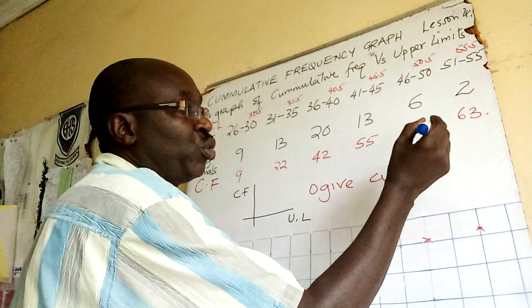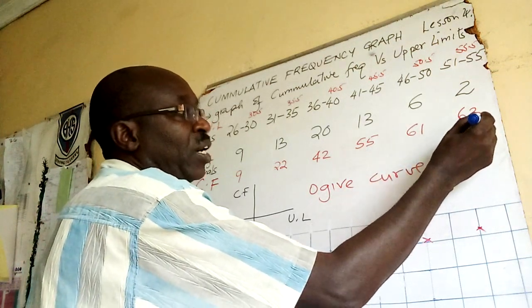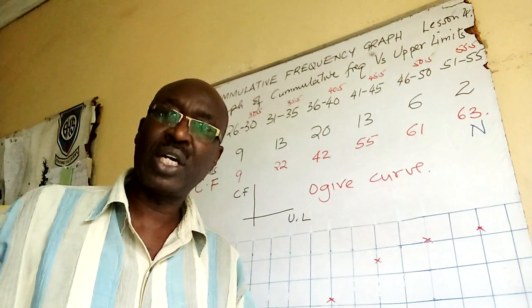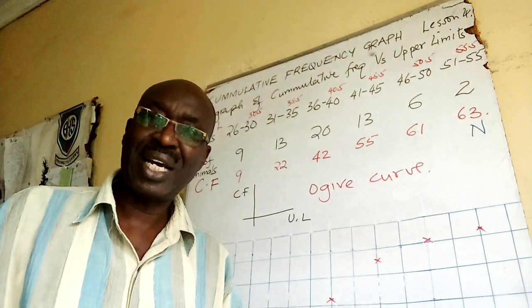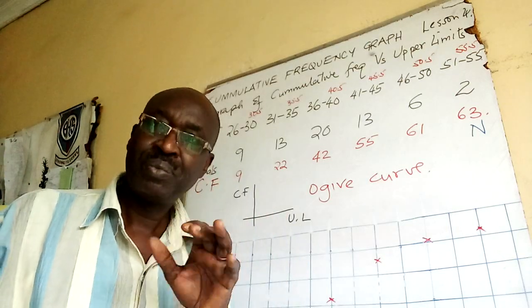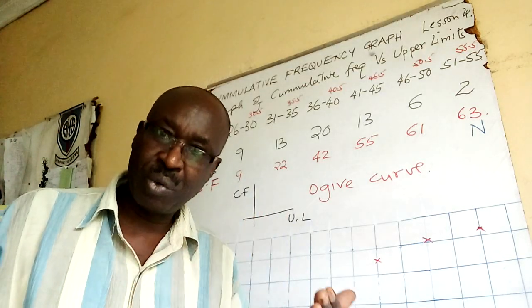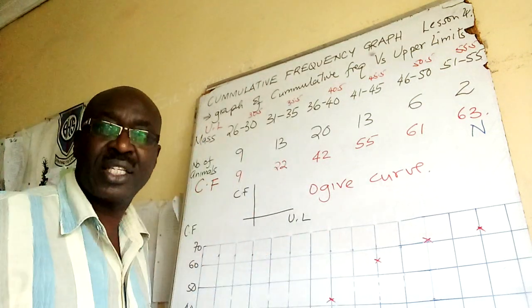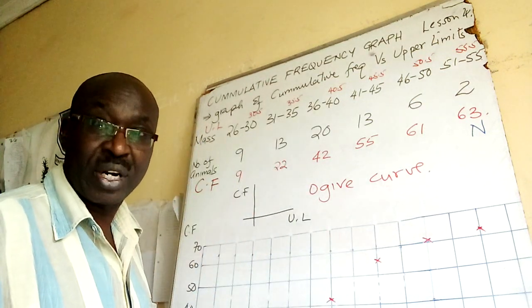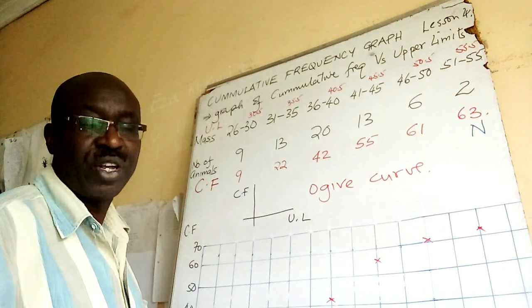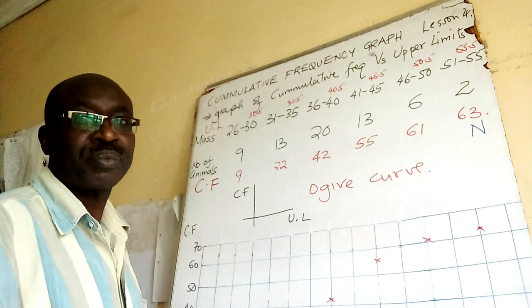Form 4s, you must know that figure is also referred to as capital N, because God willing we shall be doing statistics too, although this is part of it. We shall be doing it from the basic to complex. Those are the figures you need from your table. They will give you marks. It's not for free.